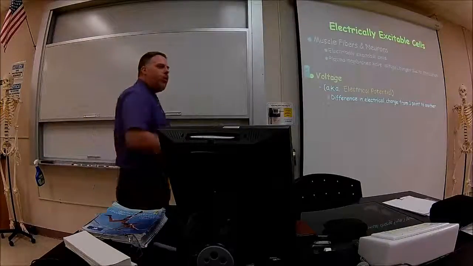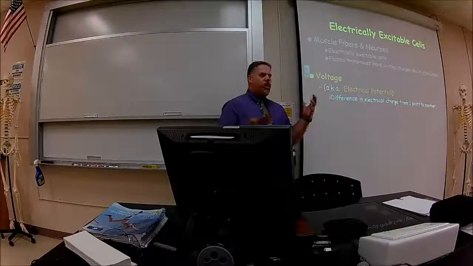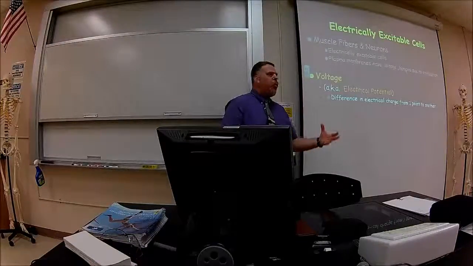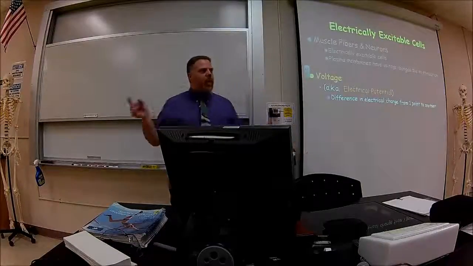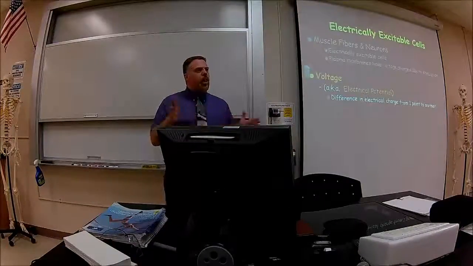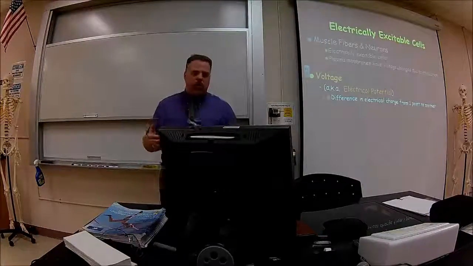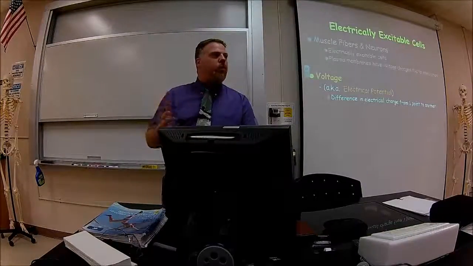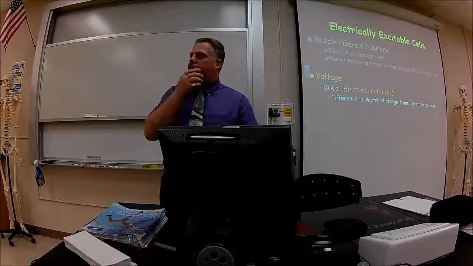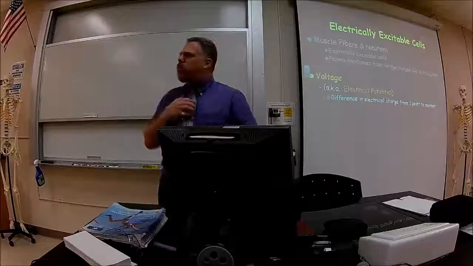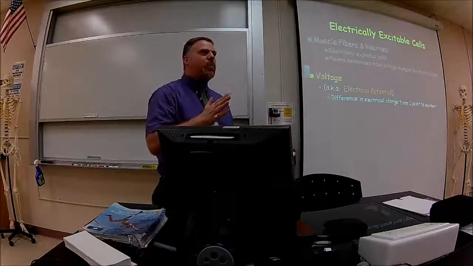For instance, I'm just giving an example, let's say positive 30 inside the cell, and then you have negative 70 outside the cell, then the voltage is going to be different on the two ends. The difference is going to be between negative 70 and positive 30. Did I do the math right? You get the picture though. It's the difference between the two.